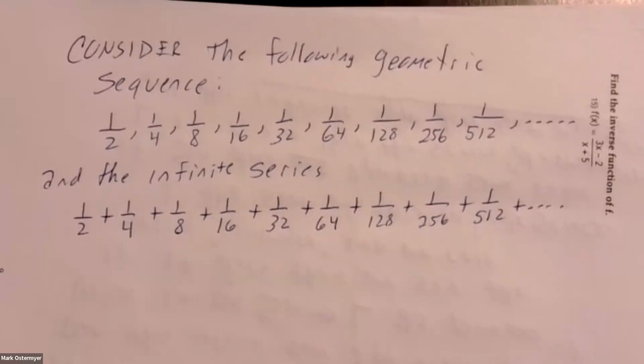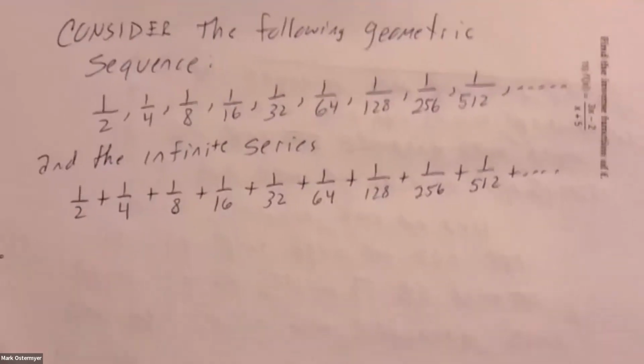Ladies and gentlemen, does this infinite series possess a sum? Does the sum of this infinite series exist? Well, in order for the sum to exist, this has to be a convergent series. Is it a convergent series? I don't know. This is a geometric sequence, so this must be an infinite geometric series. The question is, does the sum of this infinite geometric series exist?